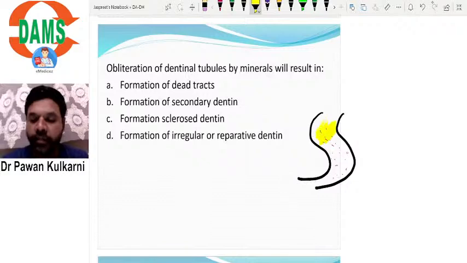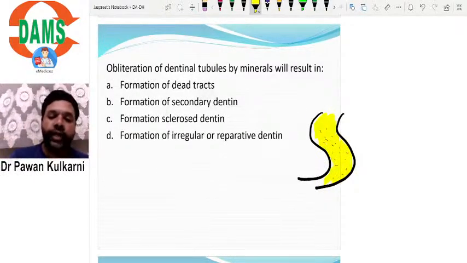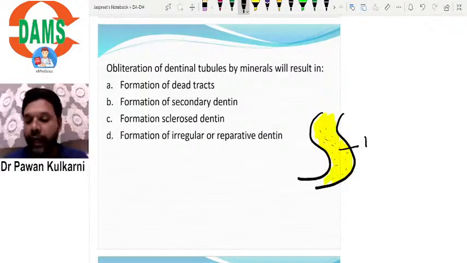If these minerals are deposited, the refractive index of this dentine becomes the same as that outside. So the RI here and the RI here become the same.